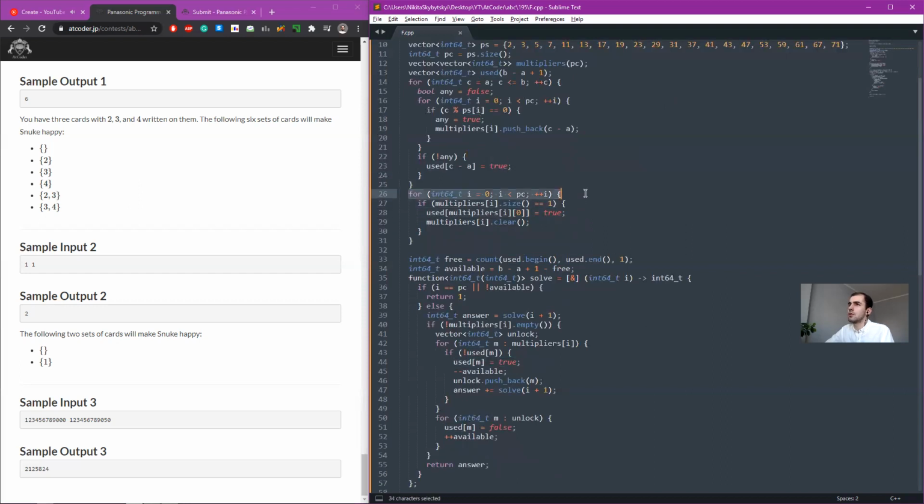And then we look over all multipliers and think, well, if I have only one number, then I'm not really a constraint. We can take it, we can leave it. Oh, is it wrong? Yes, it is wrong.